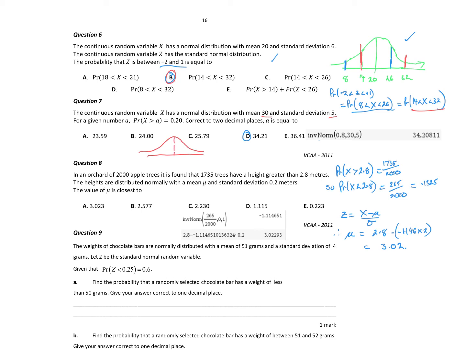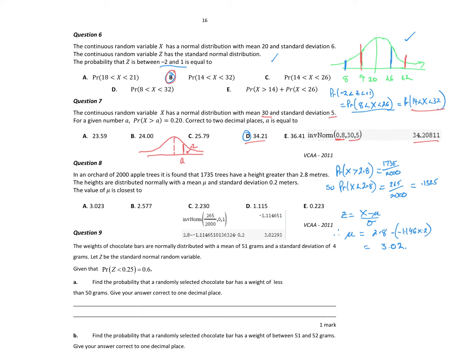We want the probability of being greater than A to be 0.2, which means we need the area below being 0.8 for a 30, 5 distribution, which is 34.21, to 2 decimal places.